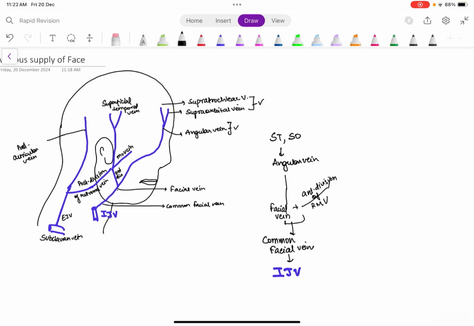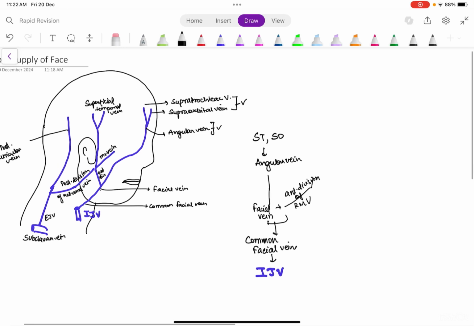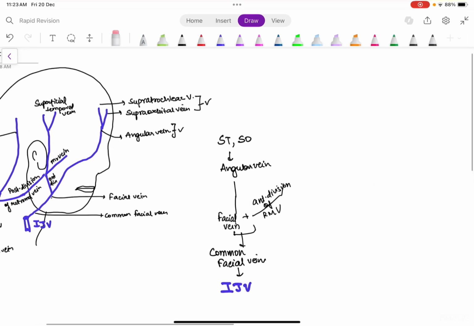Now in posterior aspect, what happened was we had posterior auricular vein, right? This one. So we had posterior auricular vein, which combined with branch of posterior. Just wait. I will draw it here so that it's easy. So here you had anterior, so there will be posterior also, posterior division of retromandibular vein.